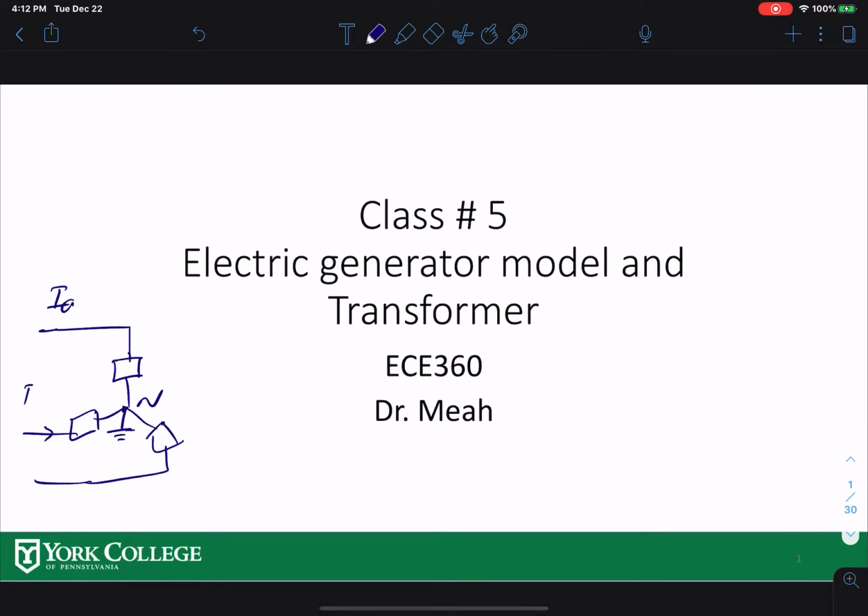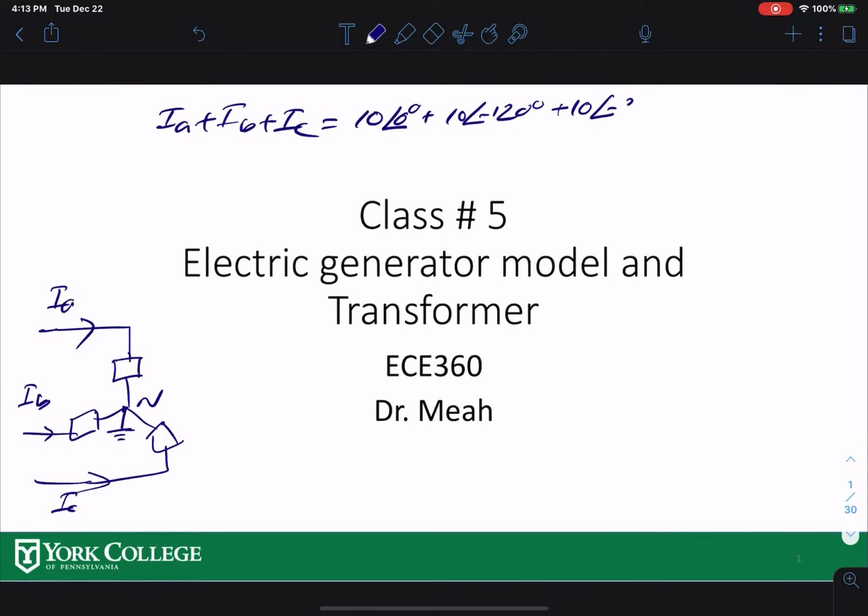So now IA, IB, IC, right? As you know, for the balanced system, all the currents have the same magnitude, but the angle difference is 120, right? So if I add IA, IB, IC, let's say all have 10 amp, then it will be 10 at 0 degree, plus 10 at negative 120 degree, plus 10 at negative 240 degree.